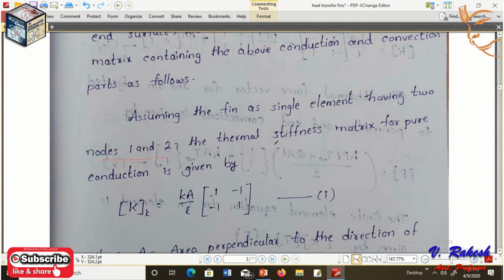The thermal stiffness matrix for pure conduction is given by, as derived in the previous class, K equal to kA by L [1 -1; -1 1]. K means thermal conductivity of the material, A is the cross-sectional area, and L is the length of the pin.